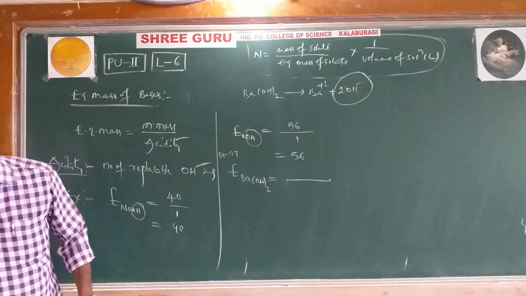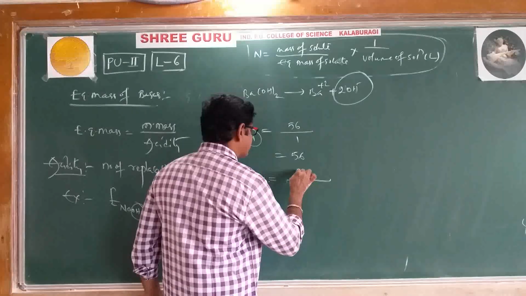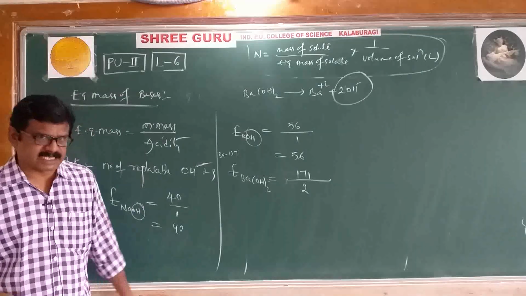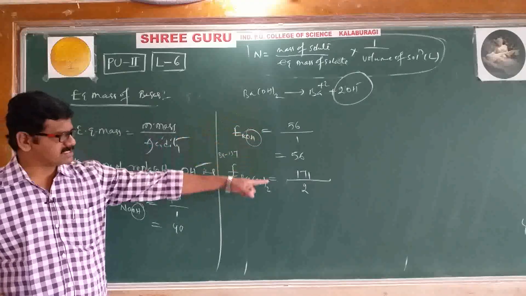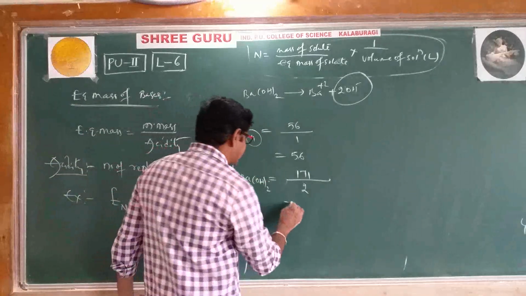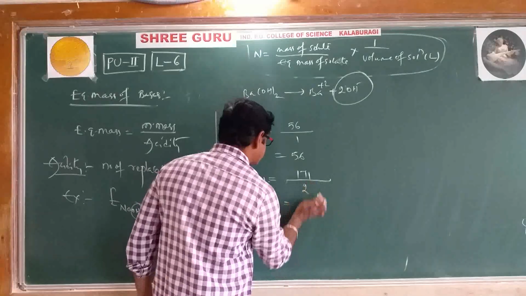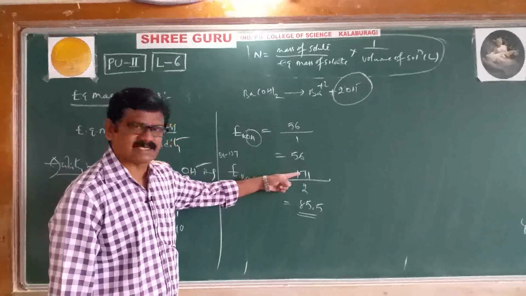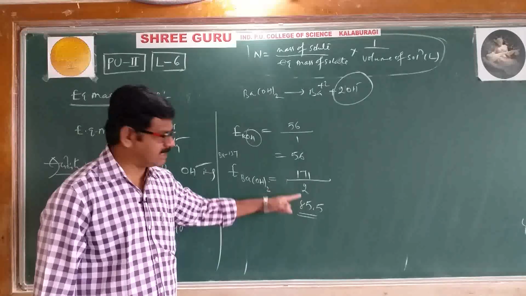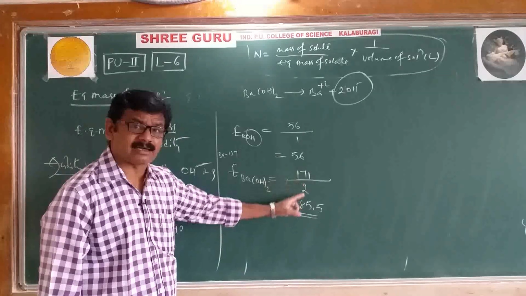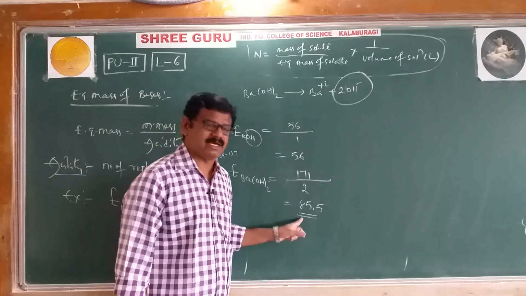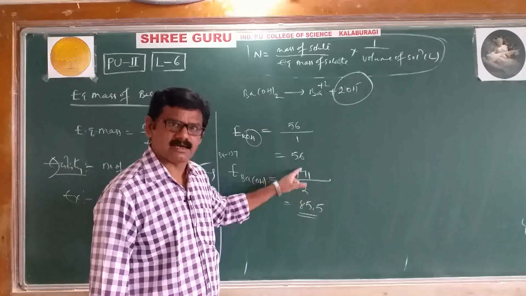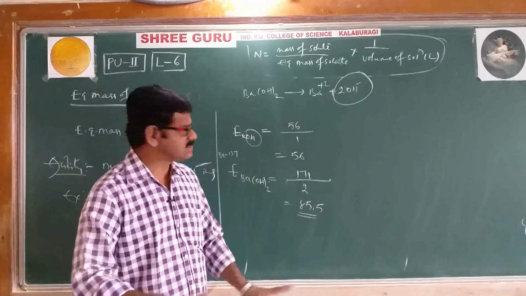If you add, you will get 171. 171 divided by the acidity, the number of displaceable, nothing but replaceable, OH- ions, which is 2. If you simplify, you will get 85.5 as the equivalent mass. See here, the molar mass is 171, the equivalent mass is 85.5. Molar mass and equivalent mass are not the same. Why? Because the valency is not 1, remember. If the valency is 1, obviously both will be the same, right?